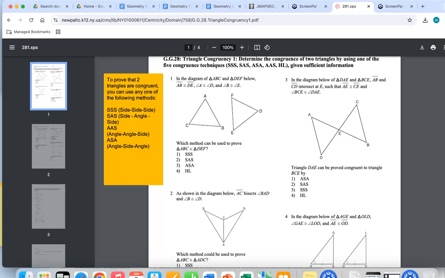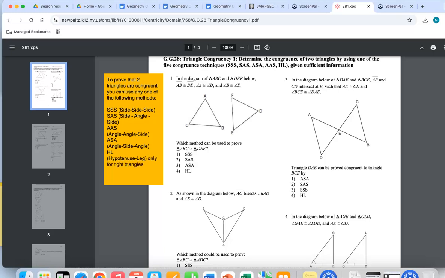And then the last one is hypotenuse leg. But you have to keep in mind, this method is only for right triangles.